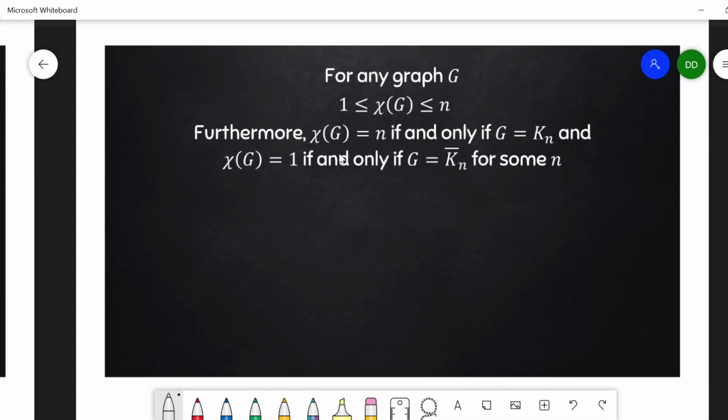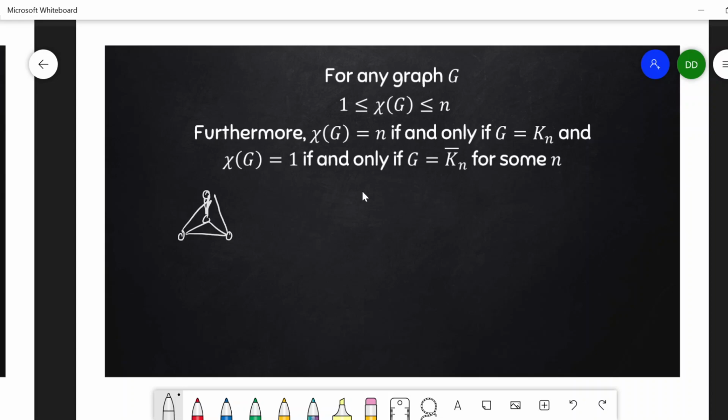And then here we can actually say that the chromatic number is equal to n if and only if it's a complete graph. So why is that true? One, it's easy to see that the complete graphs require n colors. So the complete graph Kn requires n colors, right? Because any two vertices are adjacent.